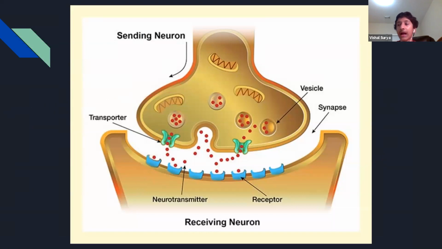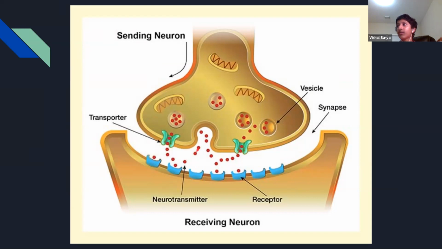How do neurotransmitters travel? Once they're in these vesicles, they're released into the fluid outside the cell. You might think, how does it bind to the receptor then? The thing is, the next cell is usually so close, at microscopic distances, to the sending neuron that the neurotransmitter has a high chance of binding to the receptor almost immediately.